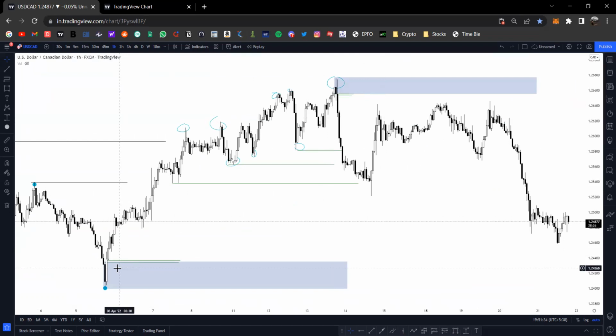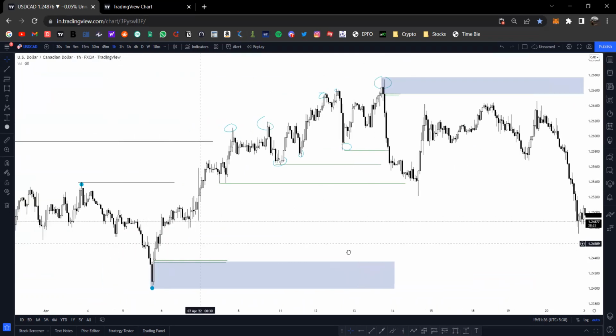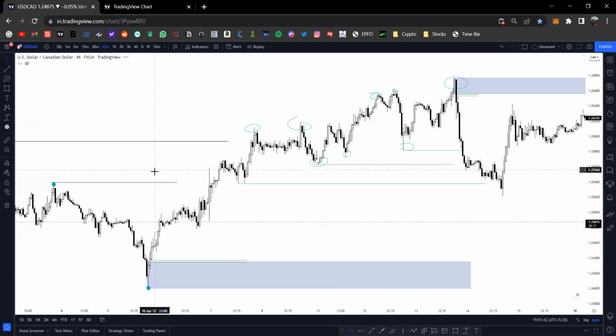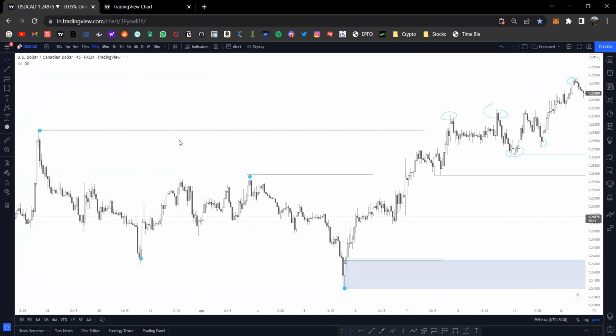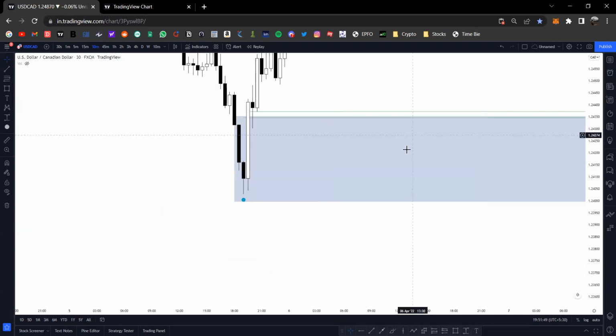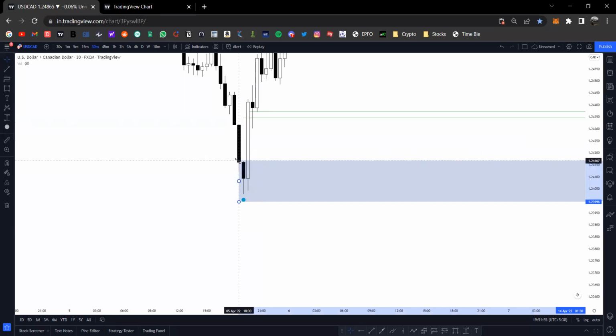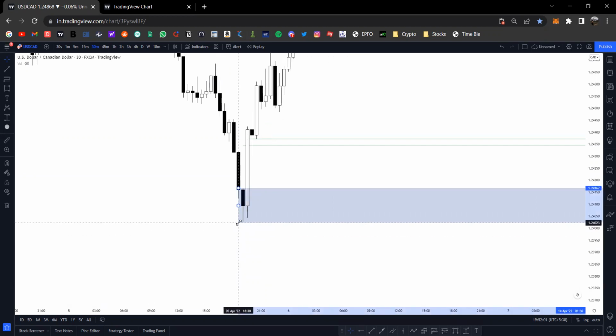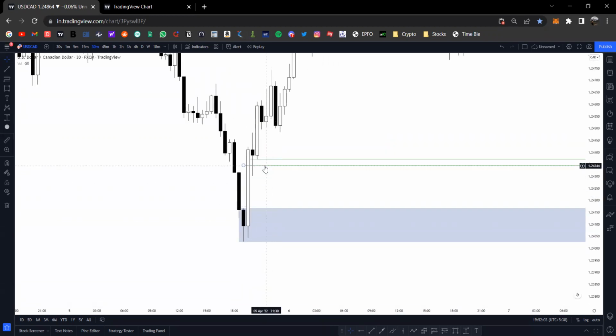So for buys, we have selected this last bearish candle as our point of interest for buys. So we can go on lower time frame to refine this candle. So yeah, you see the last candle. On the last candle, we have this last candle which has the bigger imbalance.